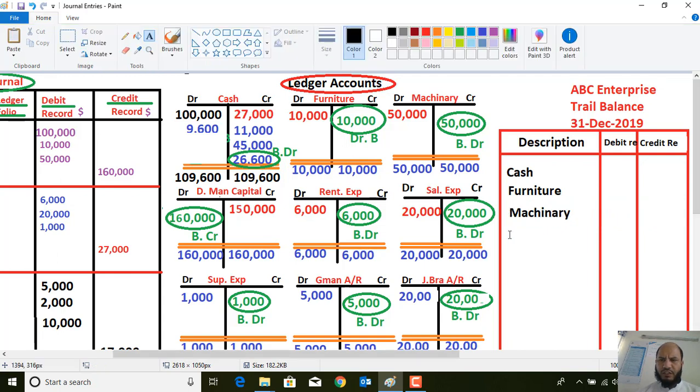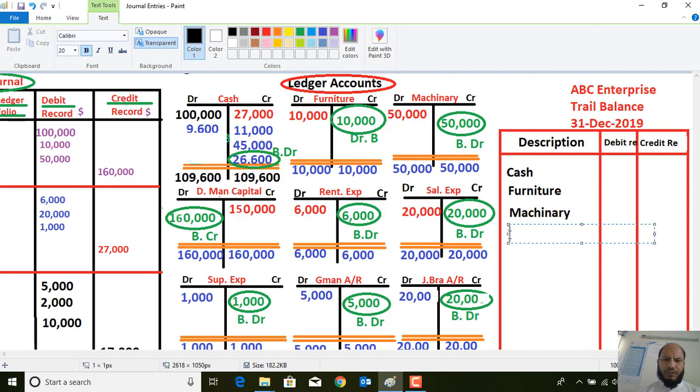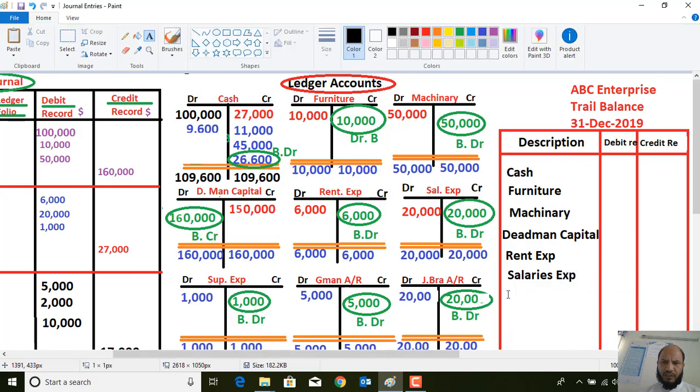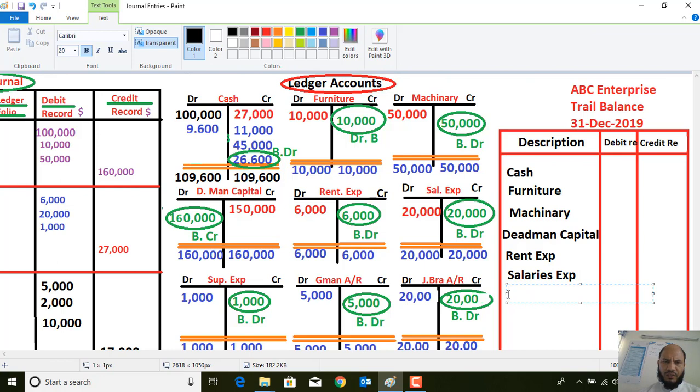Then we will have another account titled rent expenses account, the salaries expenses account, and then the supplies expenses account.